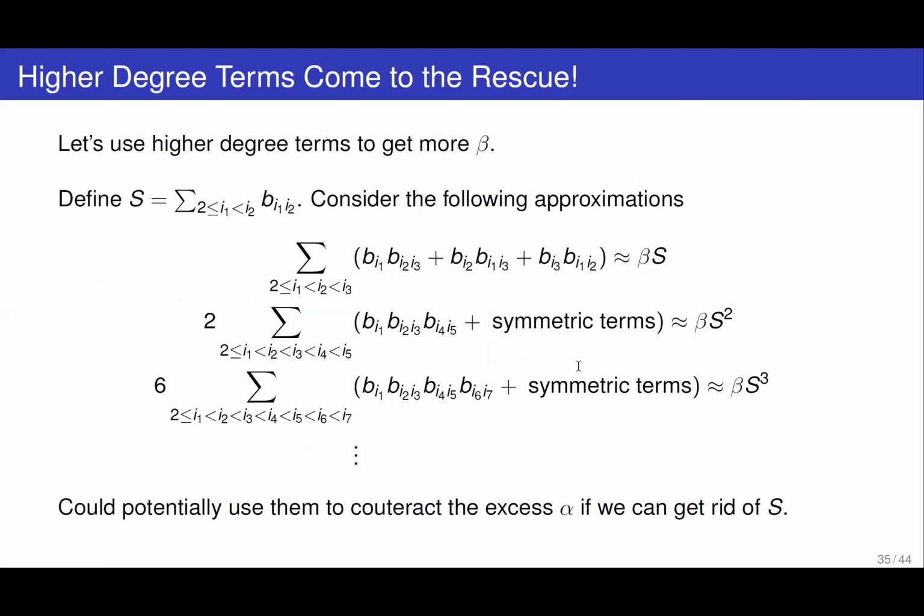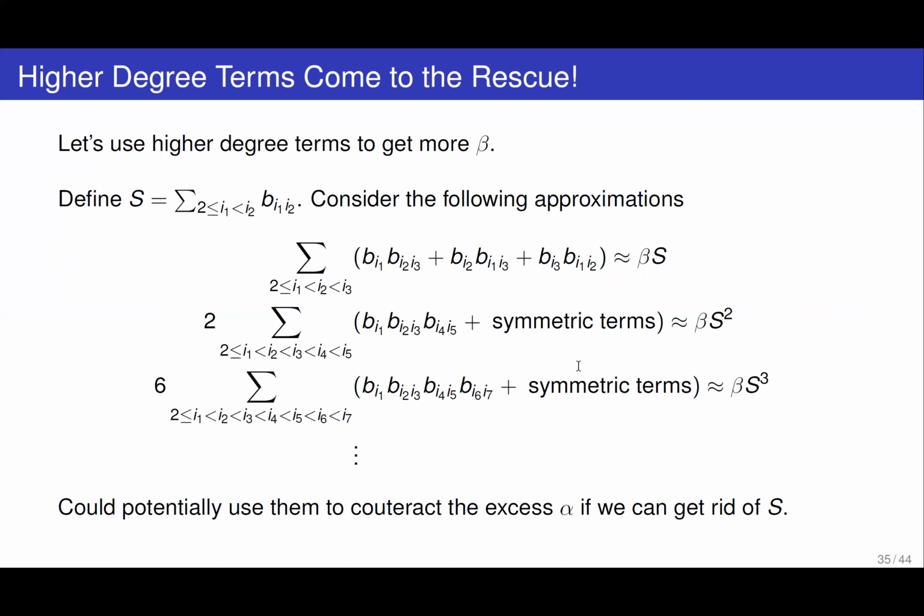Define S to be the pairwise biases of the citizens, and consider the following approximations. For degree 3 terms, let's consider the sum of bi1 times bi2i3 plus bi2 times bi1i3 plus bi3 times bi1i2.